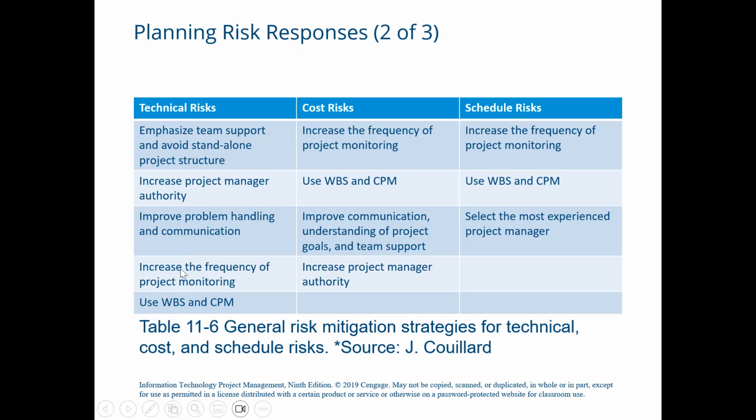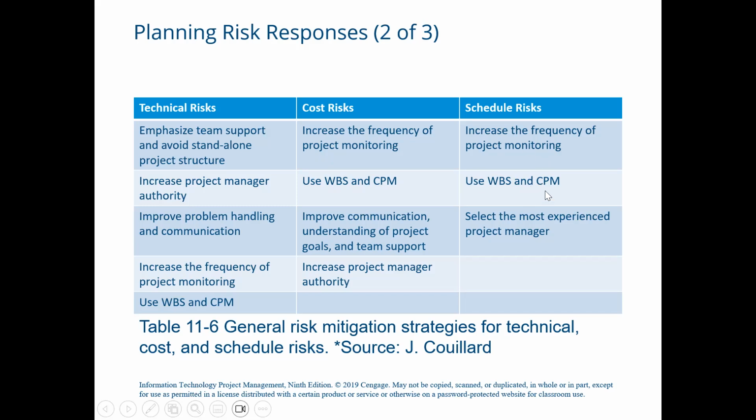of project monitoring, and the use of the work breakdown structure and critical path method, CPM, are the strategies you can see in all three areas: increase the frequency of project monitoring, use work breakdown structure and CPM.